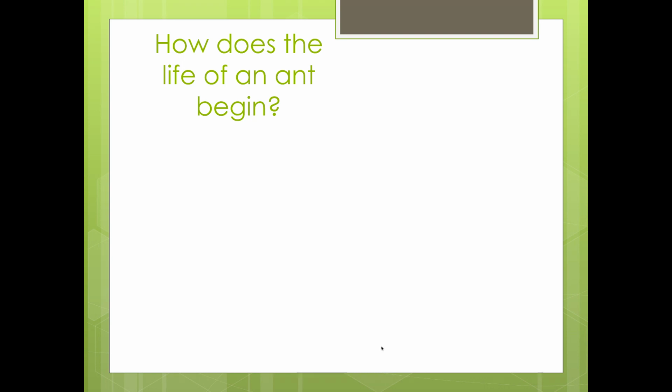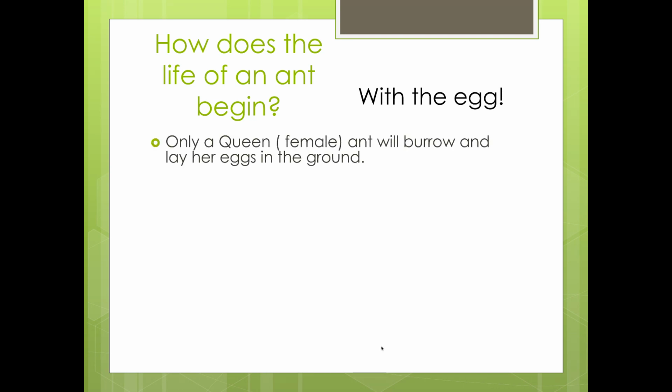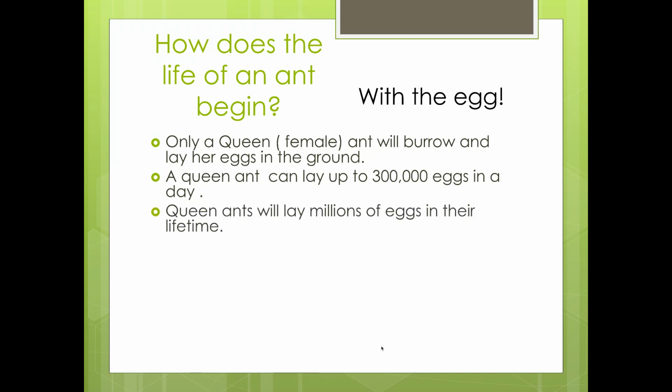How does the life of an ant begin? With the egg. Only a queen, female ant will burrow and lay eggs in the ground. A queen ant can lay up to 300,000 eggs in a day. A day.